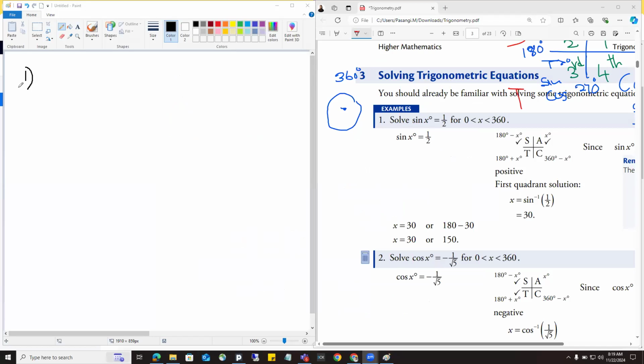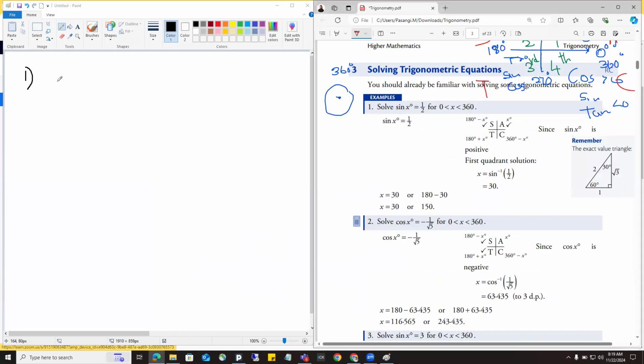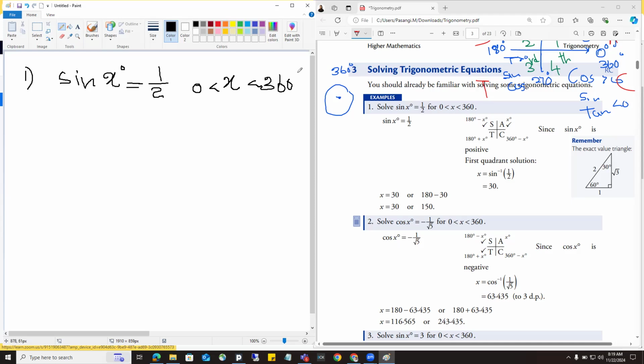The first question they have given to us is: solve sin x equals half, where x should lie between 0 and 360.